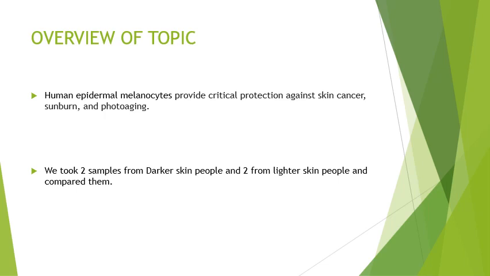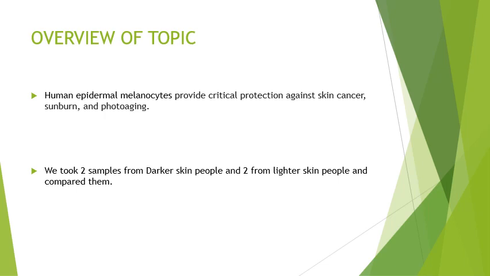In this research project, I took two samples from darker skin people and two from lighter skin people, and then compared them to understand the different genes that are expressed in darker skin and lighter skin.